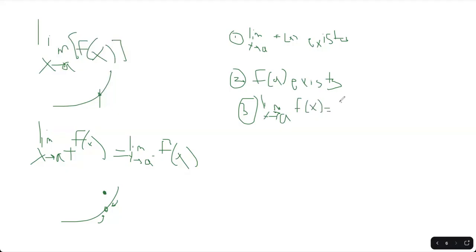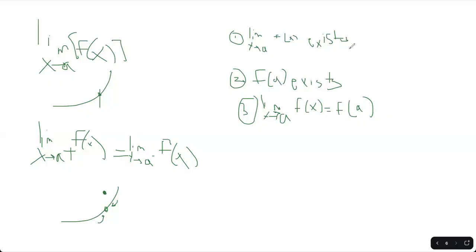So that's a lot to digest, but let me break it down for you. The first condition basically checks if there is a jump discontinuity. That's what's called a jump discontinuity. There's a visible gap between the two parts of the graph. Another possibility for number one is an infinite discontinuity, or basically a vertical asymptote. Both of those are ruled out by number one.